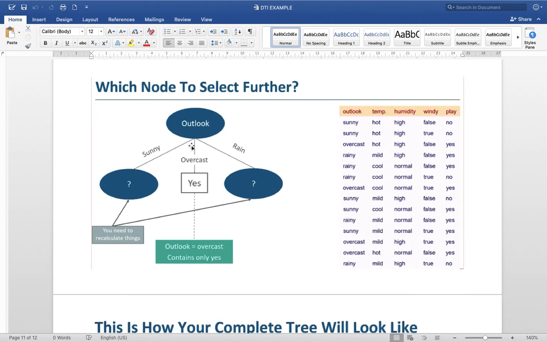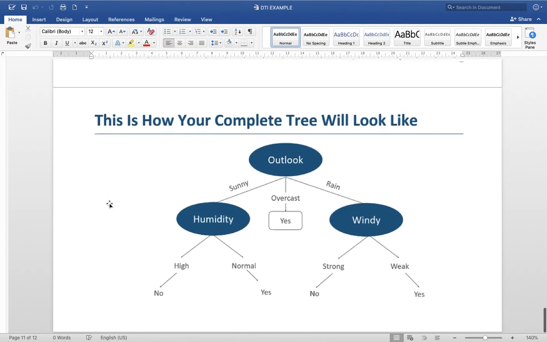Fine. The overcast branch ultimately belongs to the pure class, so we will not branch it further. So what will be in these two among the three, temperature, humidity, and windy? That again we will find the same way.